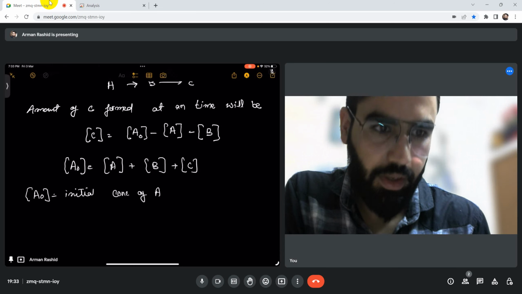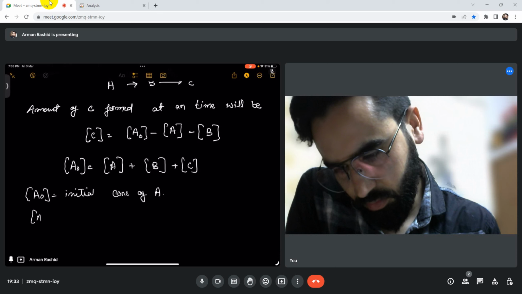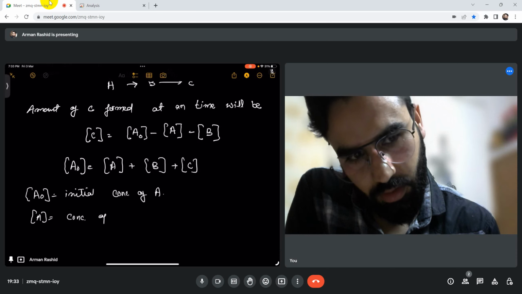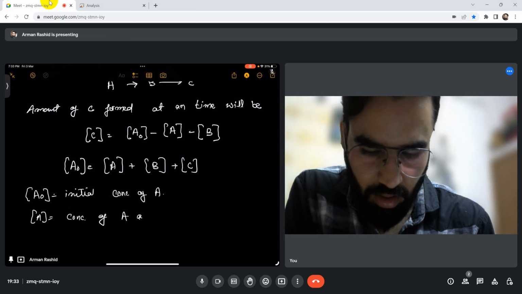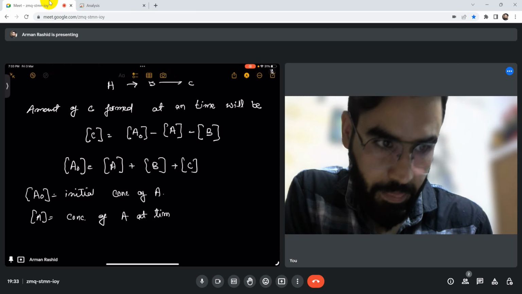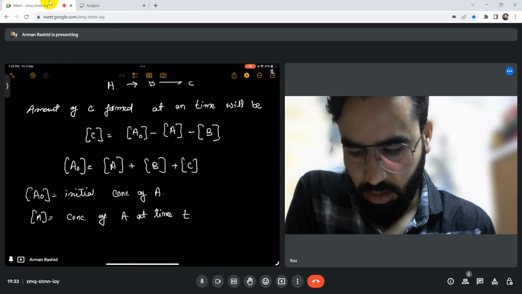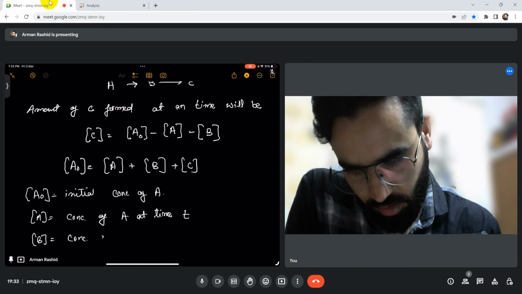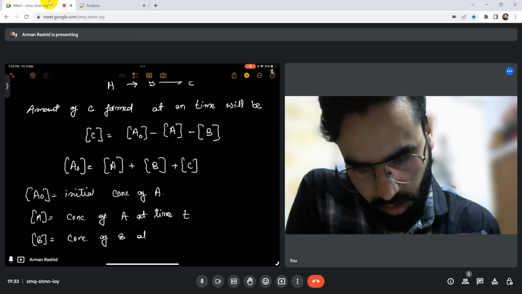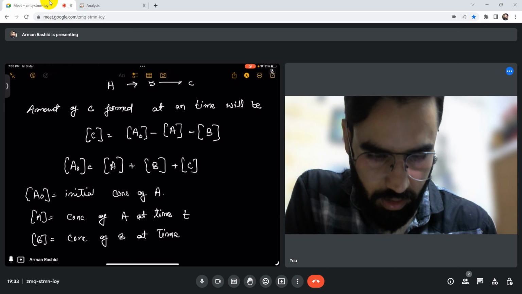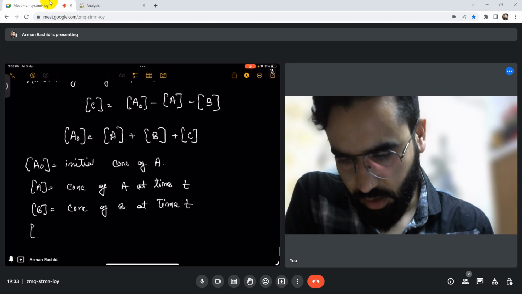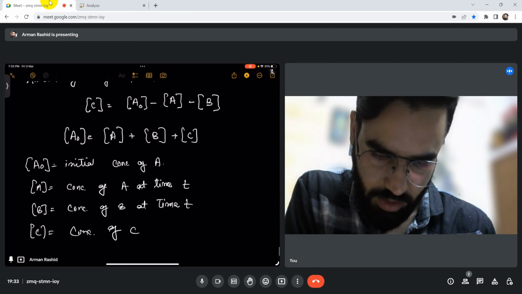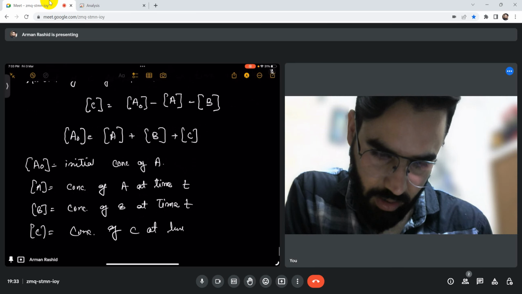A naught is the initial concentration of A. A is the concentration of A at time t. B is the concentration of B at time t, and C is the concentration of C at time t.